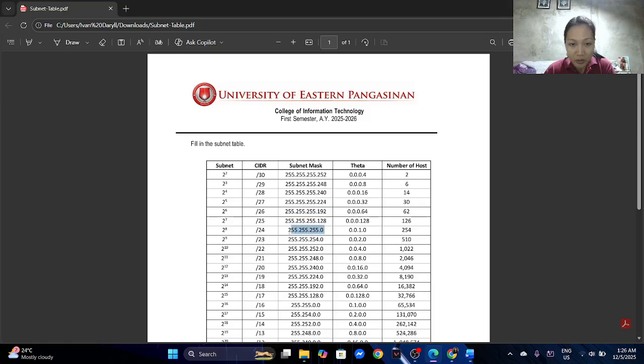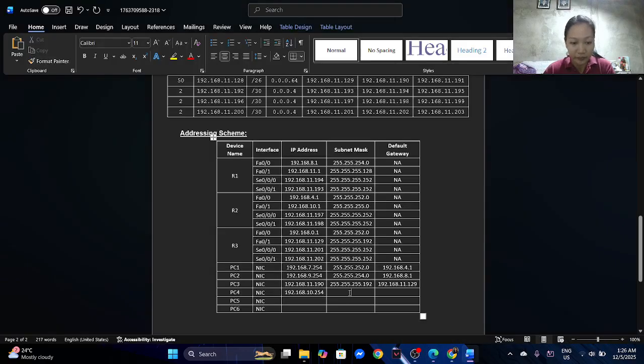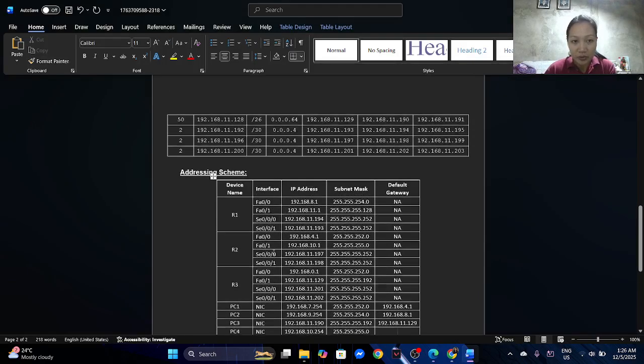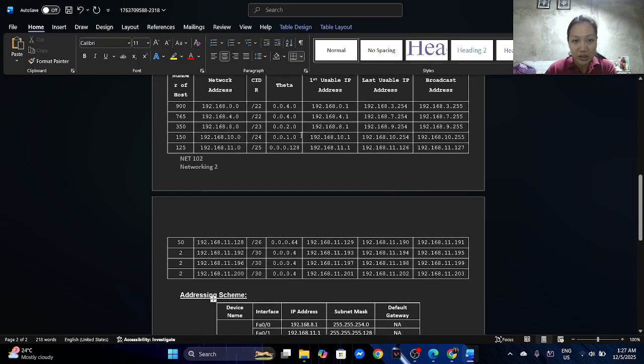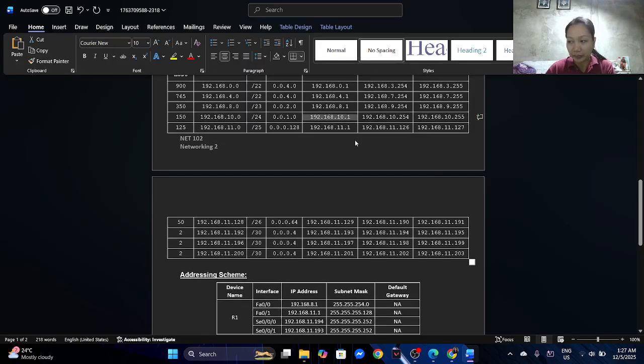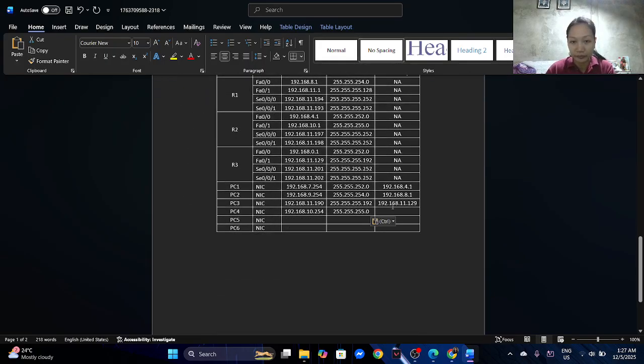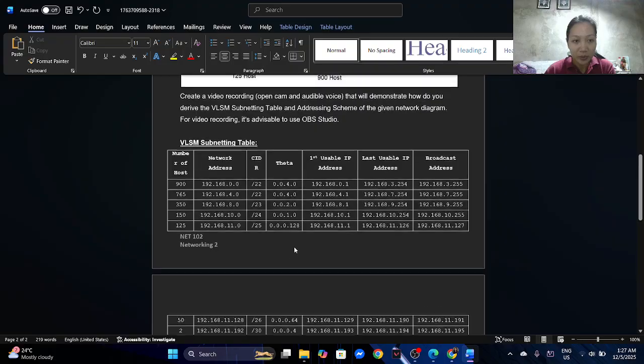So the subnet mask would be 255.255.255.0. And the default gateway would be the first usable address. So the first usable address of host 150 is 192.168.10.1.